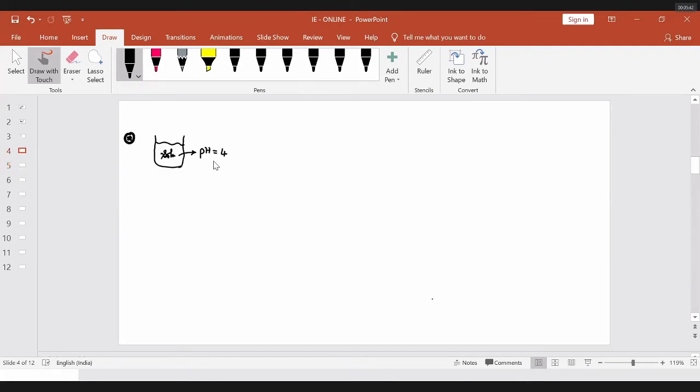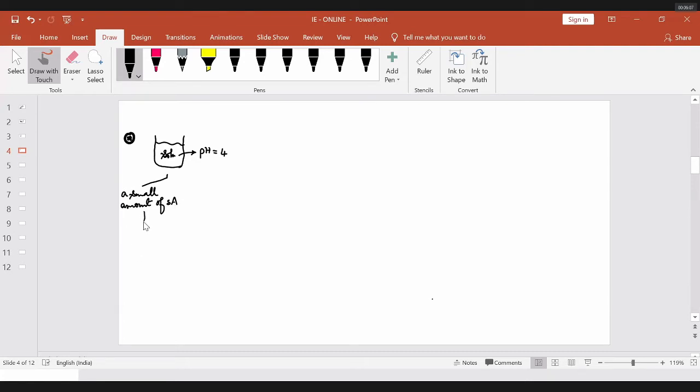Suppose you are having pH equal to 4. Then what we can say? Yes, sir, this is an acidic solution. Fine, I got it. Now what happens? Rule number 1: add a small amount of strong acid to it.